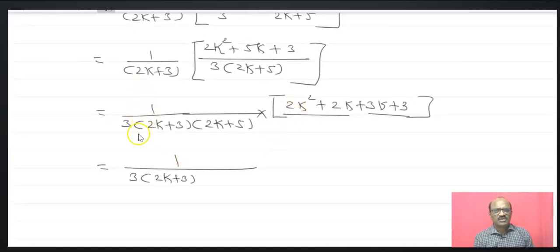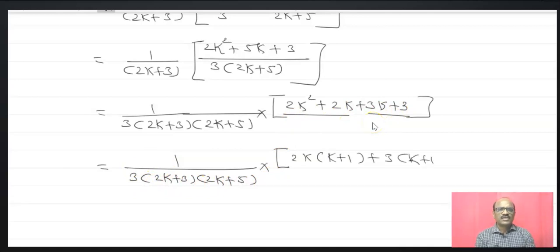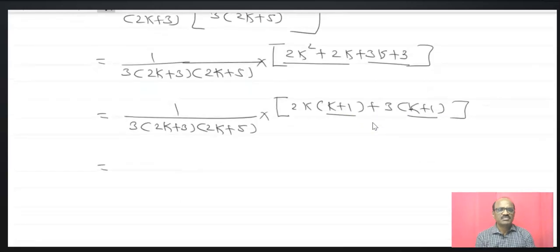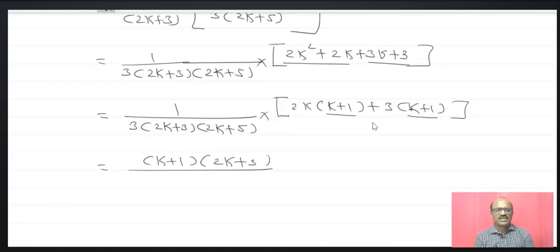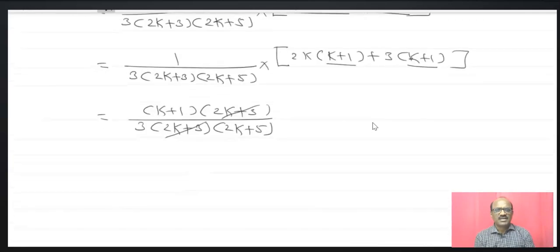After factorization you will get 2k(k plus 1) plus 3(k plus 1), that is (k plus 1) in one bracket, (2k plus 3) in another bracket, upon 3(2k plus 3)(2k plus 5). The (2k plus 3) terms cancel, and you will get k plus 1 upon 3 into (2k plus 5).